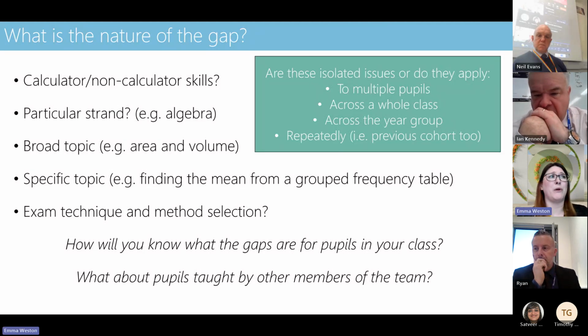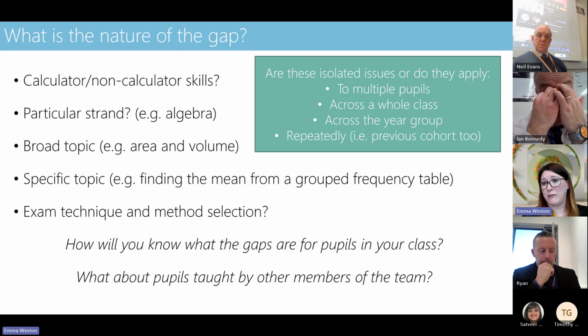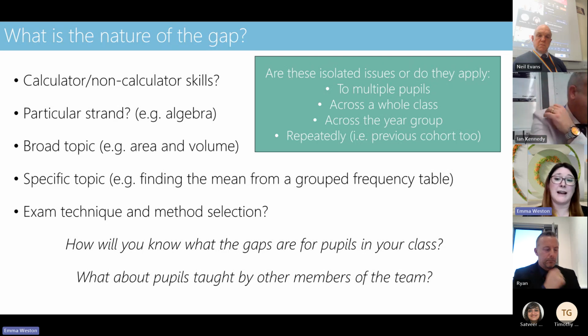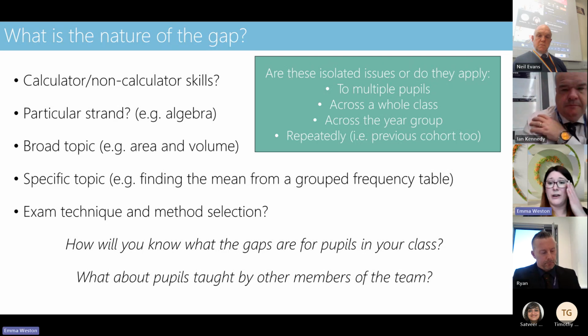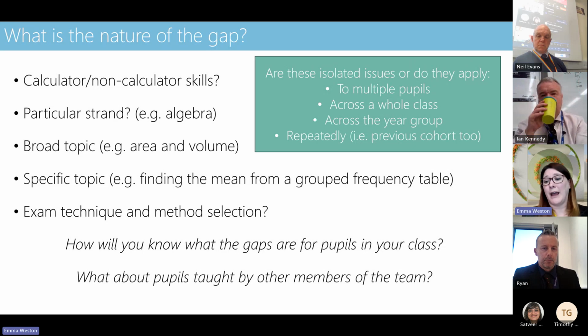It might also be worthwhile wondering about whether or not these are isolated issues, maybe applying to one or two pupils, or is it a particular group of pupils, a particular class, a whole year group, or repeatedly. So I'm thinking maybe about the example of the department I mentioned before.